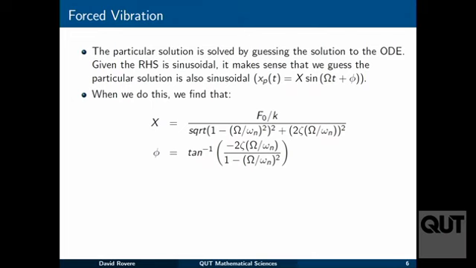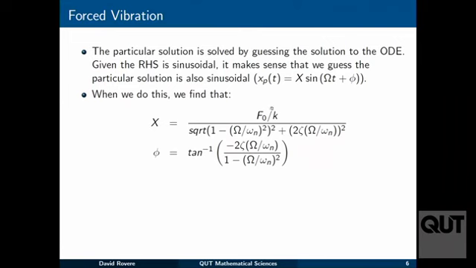So we're going to assume that the particular solution is also a sinusoidal function. But we describe that sinusoidal function in general terms, meaning we don't know what its amplitude is, capital X. We don't know what its phase shift is, phi. We do know, however, that our guess for the sinusoidal function has to have the same frequency as the right-hand side.